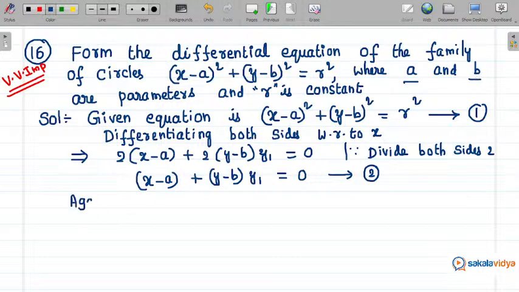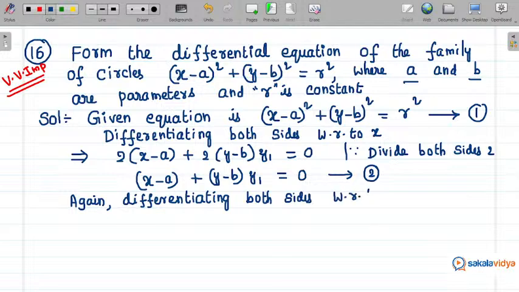Again differentiating both sides with respect to x.